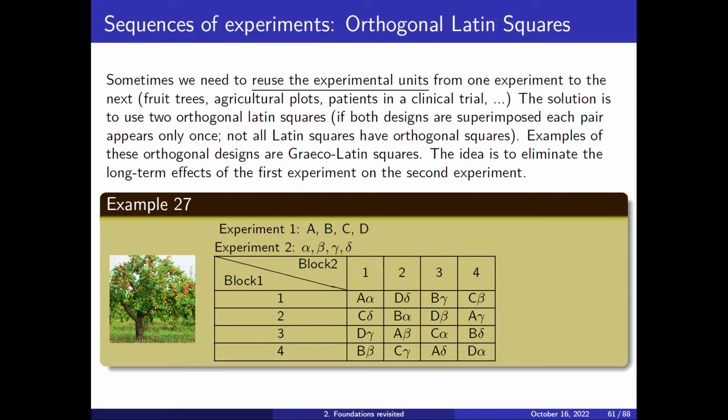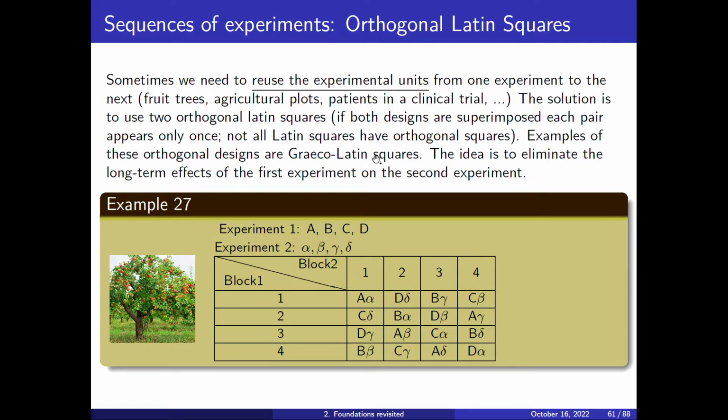Sometimes we may reuse the experimental units, and this is especially important in fruit trees, for instance, or agricultural plots, sometimes patients in a clinical trial. The solution is to use two orthogonal Latin squares.